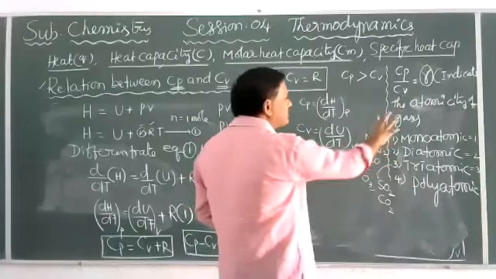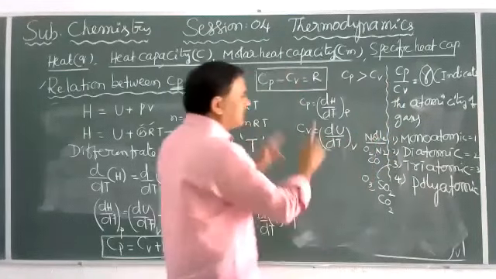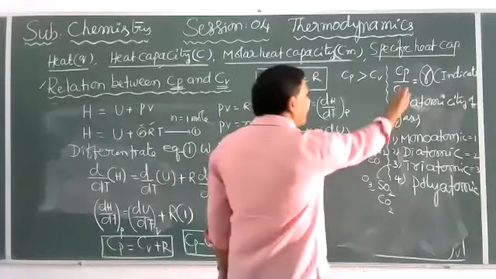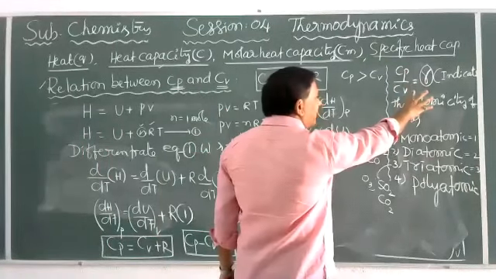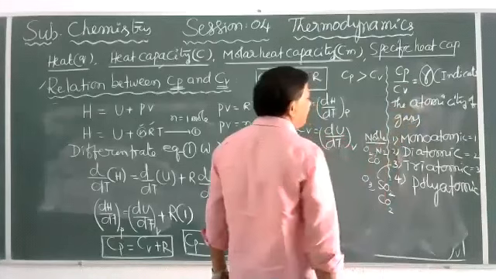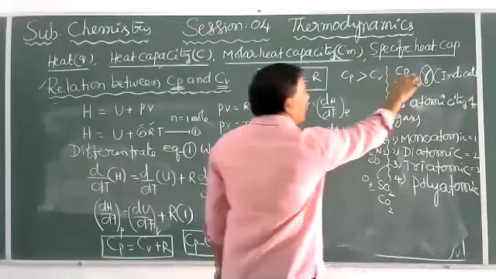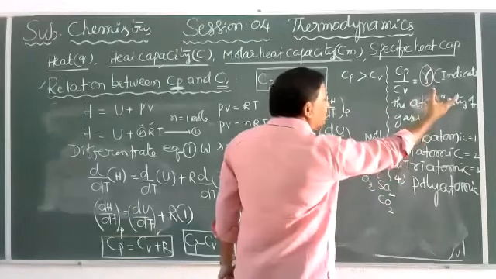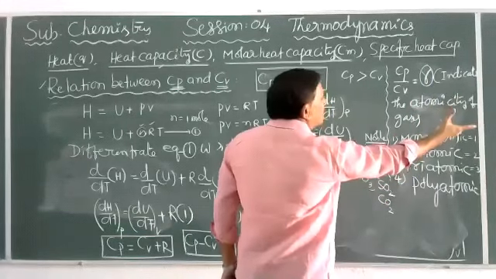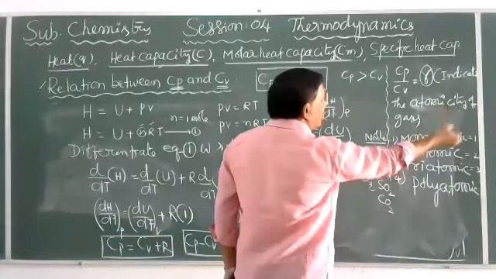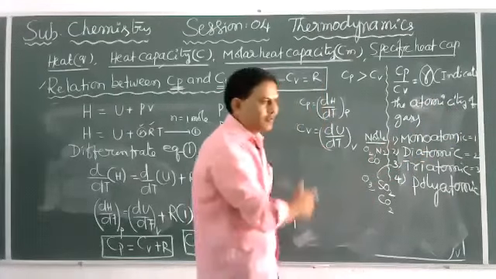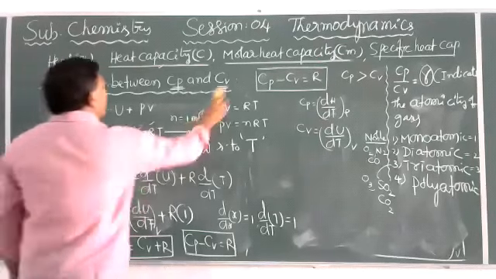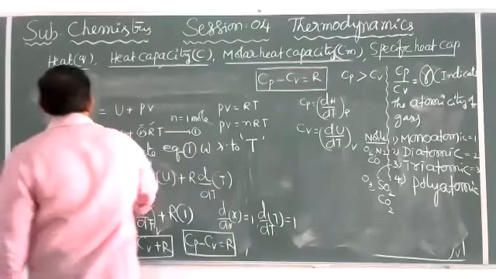So based on this simple concept, we will create one table. Just observe it. Either in physics or in chemistry, they'll ask some questions. They'll give the gamma value, identify what type it is. Or while doing problems, if it is a monoatomic gas, atomicity is 1, then gamma value is easy to identify. For that, I'll create one important simple table.